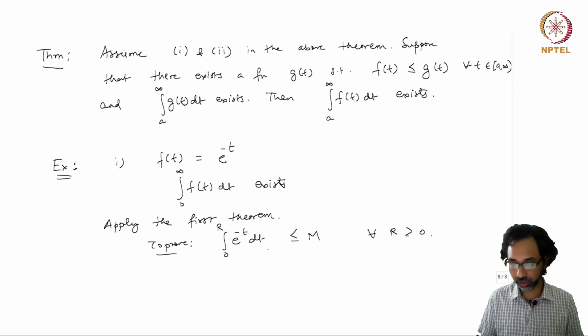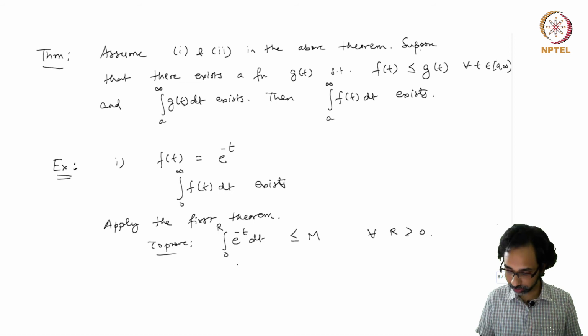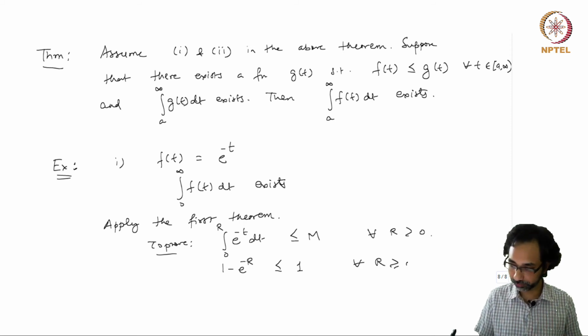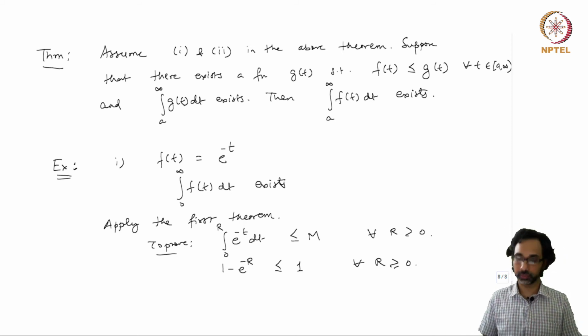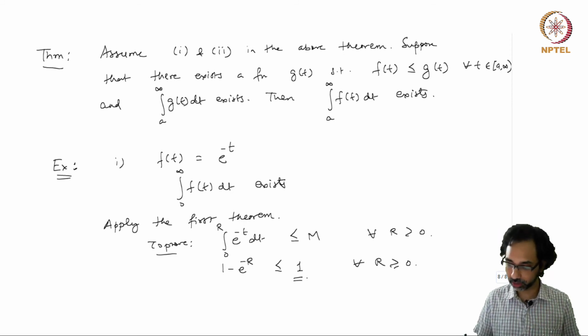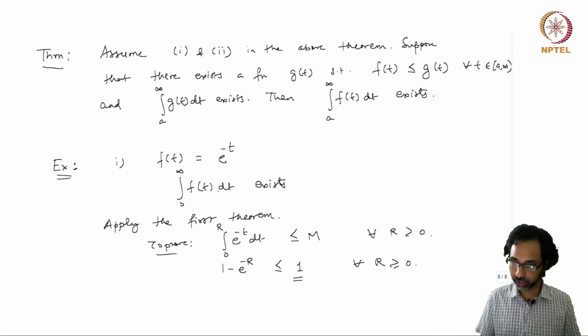We can evaluate this integral directly, and we find that it is 1 minus e to the minus r. So of course it is easy to see that this is always less than or equal to 1 for all r greater than or equal to 0. Therefore we have found this upper bound M, which is equal to 1 in this case, and therefore we can say that this improper Riemann integral exists.